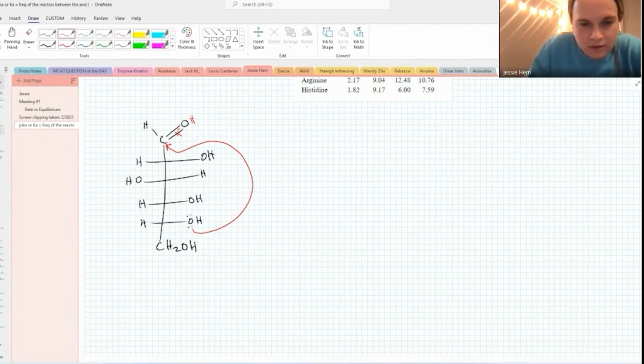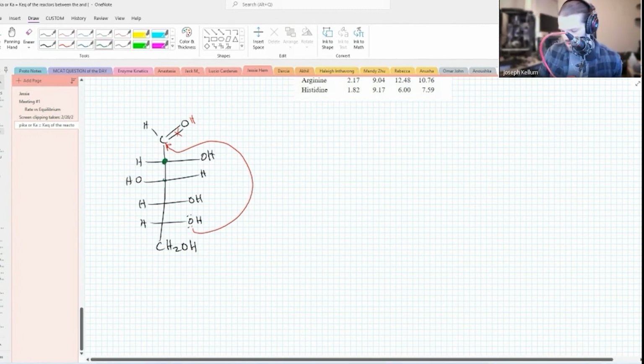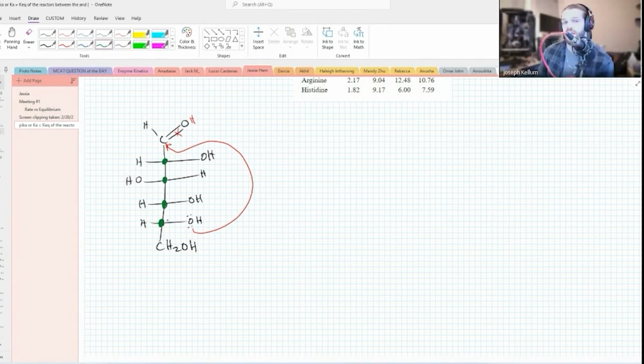So how many chiral centers are there in the glucose molecule prior to that reaction? There are 4, right? Yes. So there are 4 chiral centers in glucose prior to that reaction.